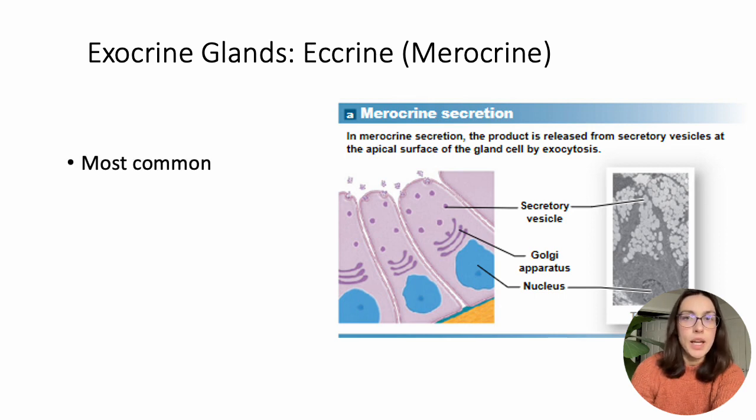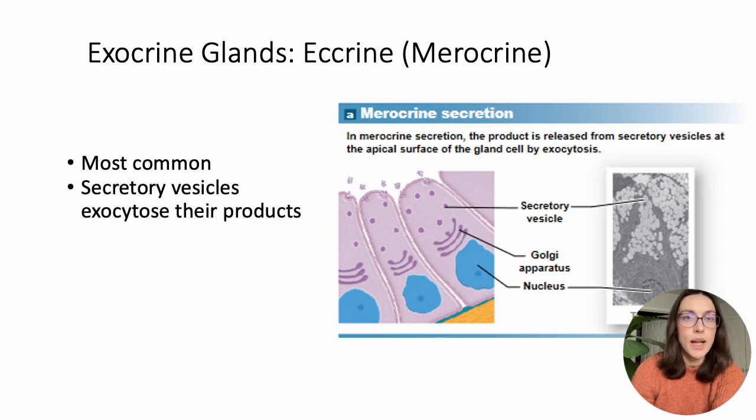In this type of secretion, these epithelial cells that are also secretory cells produce inside of them a bunch of product. So whatever it is that we're going to secrete, like let's say it's sweat, they produce it, and they package that product into secretory vesicles. So little balls of plasma membrane that have that product inside.